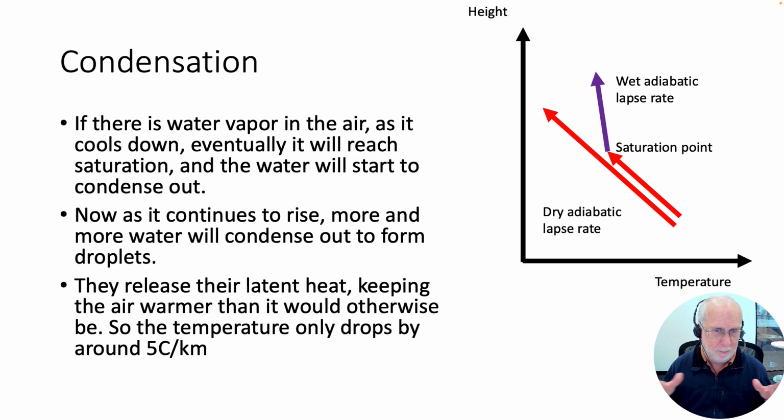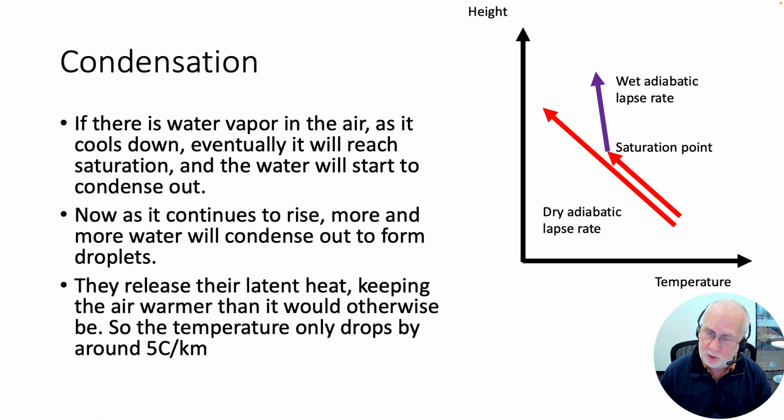But eventually, at some point, it will get so cold that the water vapour will start to condense out, creating droplets of water, liquid water, inside this mass of air. This is called the saturation point. It's the point at which the temperature has dropped enough that the air is saturated, and you'll start getting the water vapour condensing out. So as it moves up here, it will reach the saturation point.